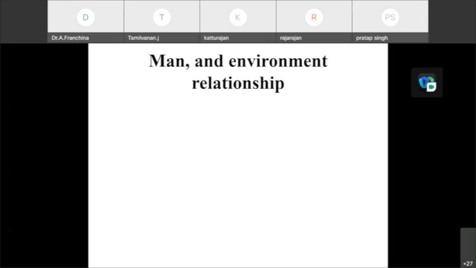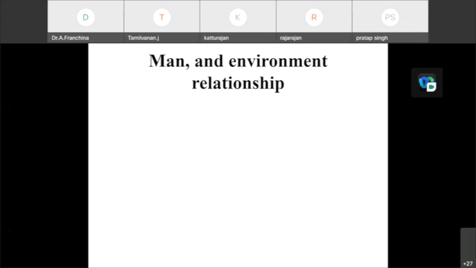So what is the man and environment relationship? We have discussed what environment is. Environment is nothing but the surrounding. But you cannot stop at only surrounding. Further, you are supposed to explain that the surrounding consists of biotic and abiotic components.